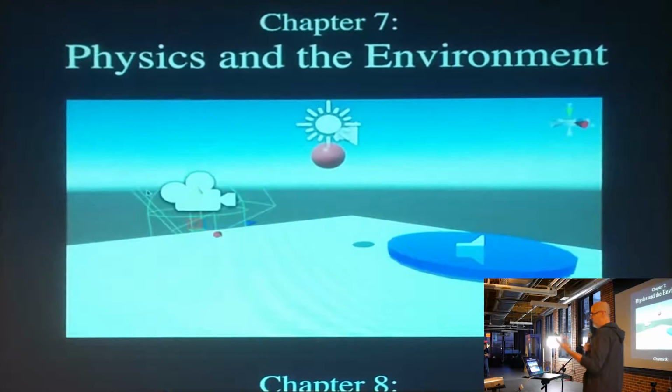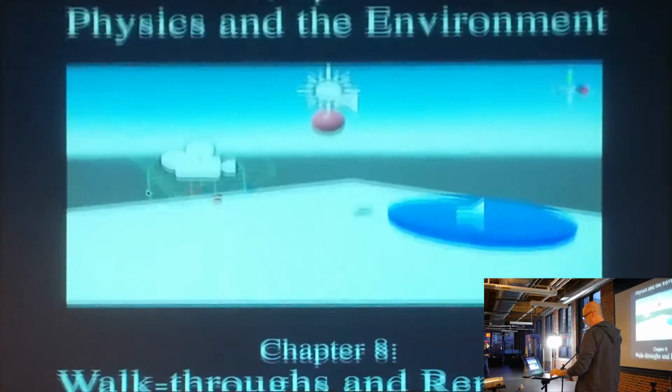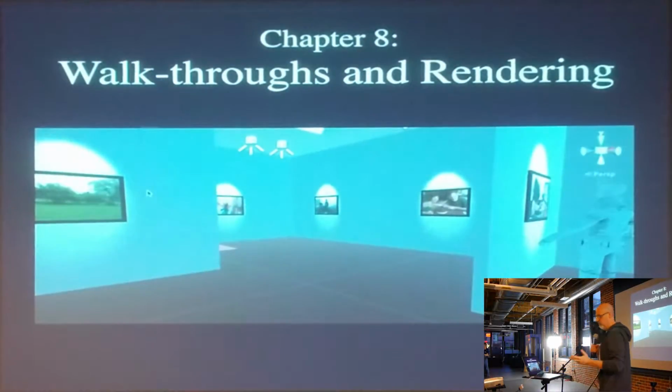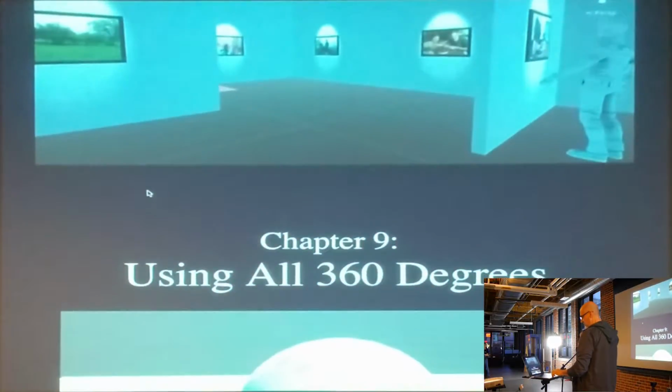Then we talk about physics and the environment and how to model that in Unity. This is a little game where we're doing headshots, where balls come and you try to hit a target with your head. Then chapter 8 is on walkthroughs, rendering and issues of optimization, which is critical for doing good VR.